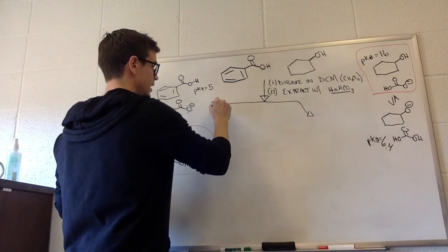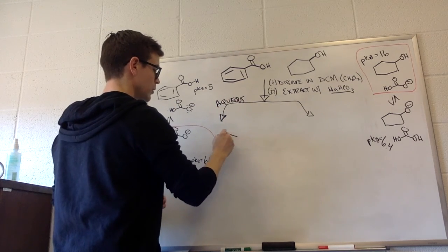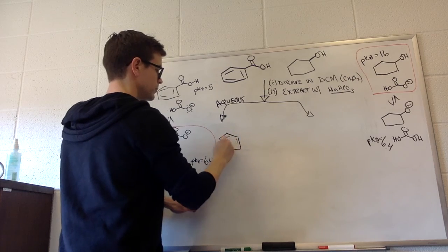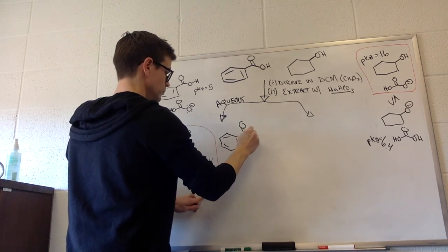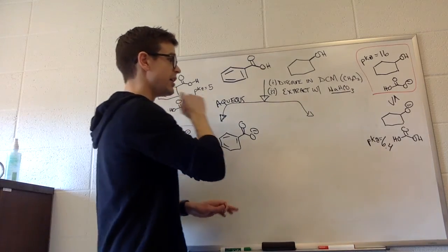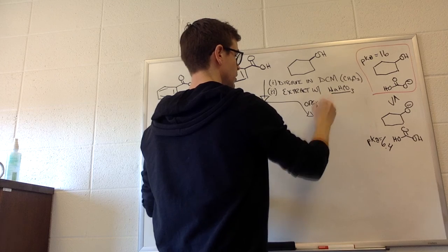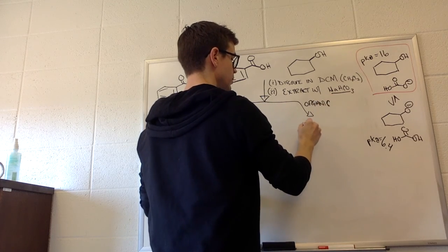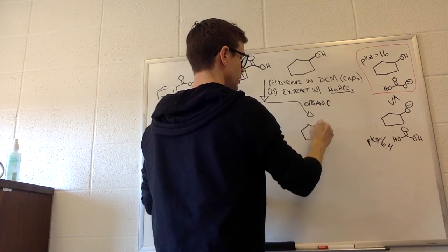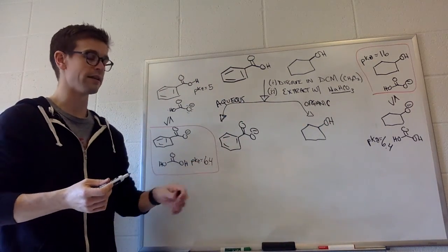So this is the aqueous, and in the aqueous we're going to have the carboxylate, the anionic form, and in the organic layer we are going to have the neutral compound, so that would be our cyclohexanol. So we've already separated them.